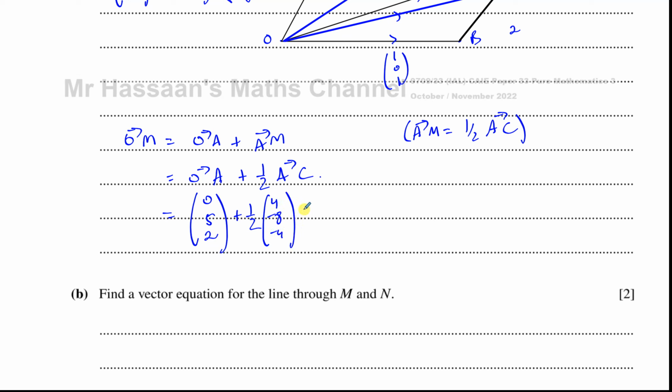So we end up with 0 plus a half of 4, which is 2, and 5 minus 4, which is 1. Because the half of -8 is -4, so 5 minus 4 is 1, and 2 minus 2 is 0. So 2, 1, 0. That's the vector from O to M.